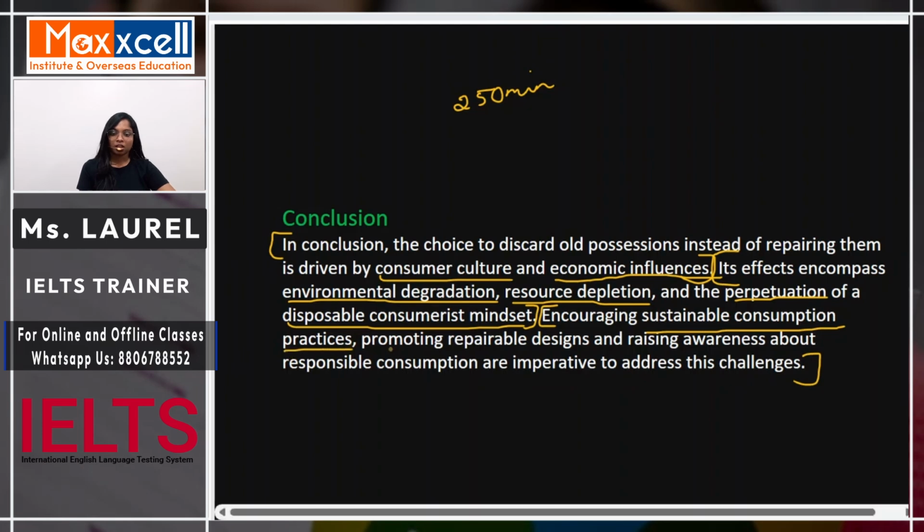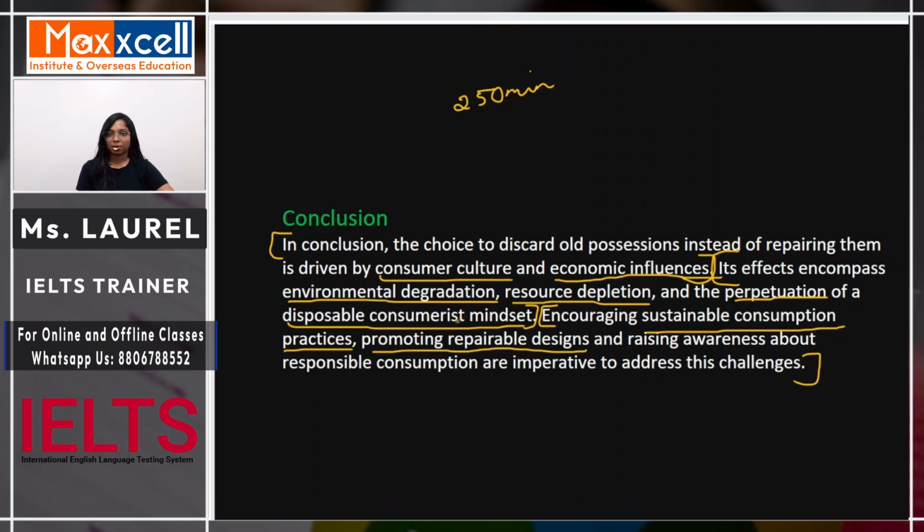Consumption practices, promoting repairable designs. Also, as we know that a lot of phones now come up with, you can't even open your own phone, right? When we were younger, you could just open the back of the phone, take the battery out, you could do all this stuff. Now you can't. So promoting repairable design so that it's easier. If you go to a shop, it's easier for them to repair them as well.